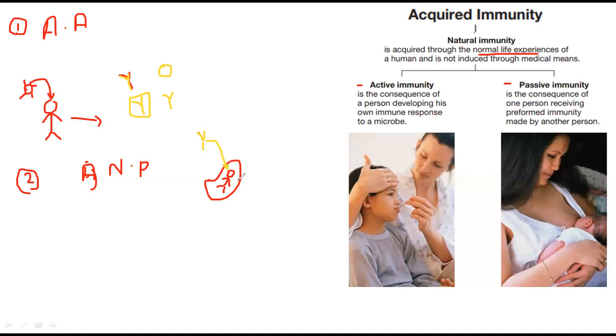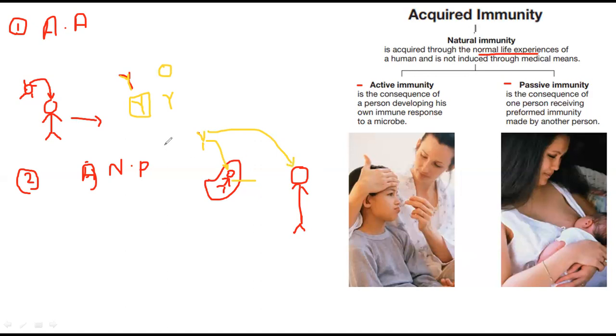If we mark it like this, this is the fetus. When these antibodies cross the placenta, they can enter the baby, and the baby can directly become immune to that antigen.